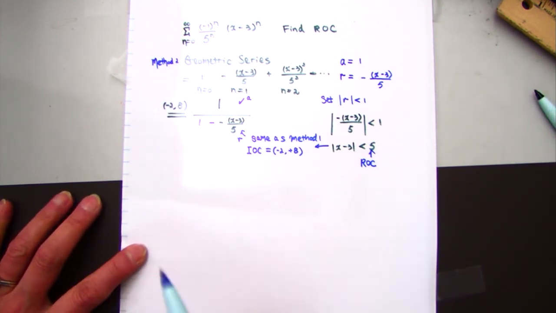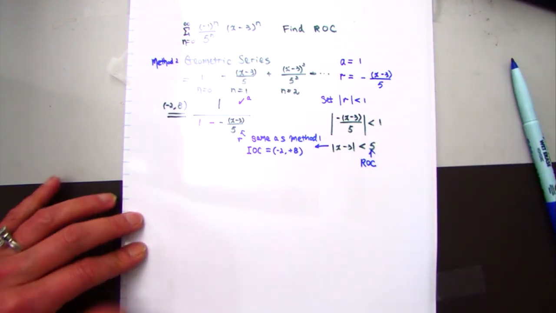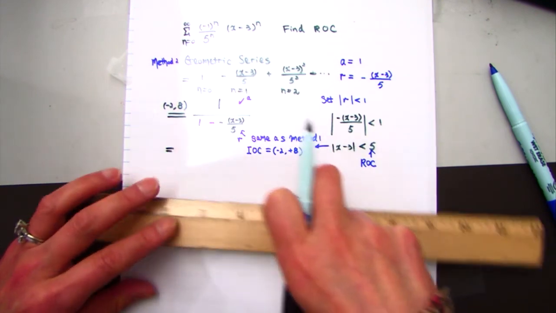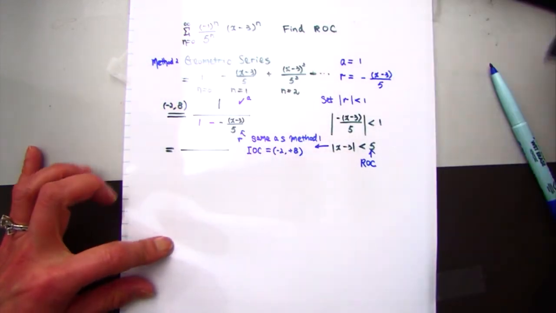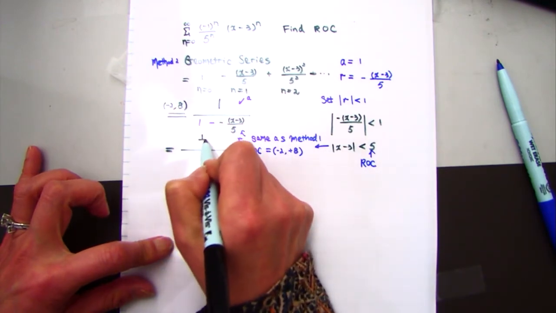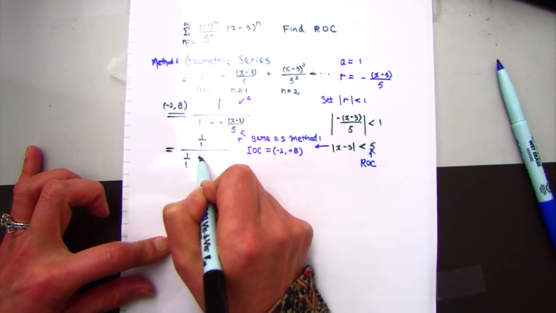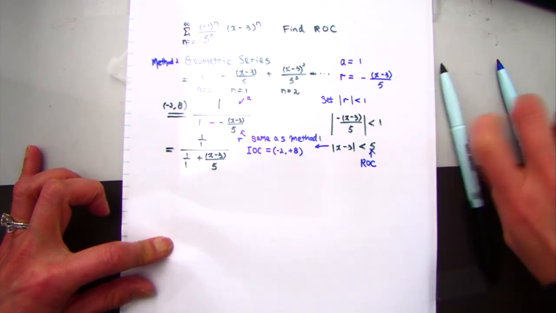Okay. We need to clean this up. Double negative. Okay. We multiply 5.